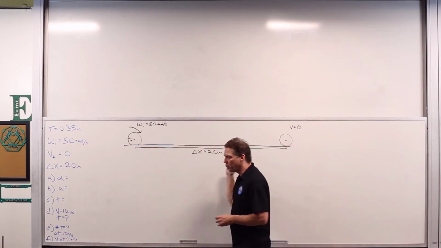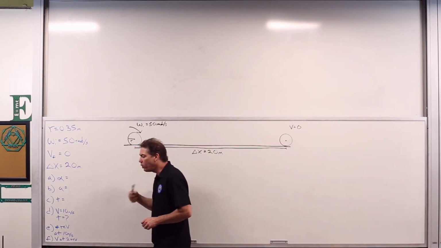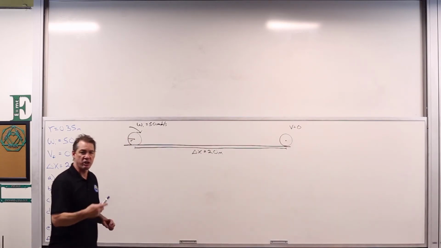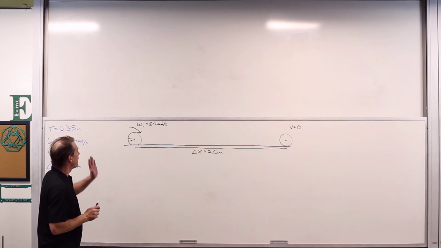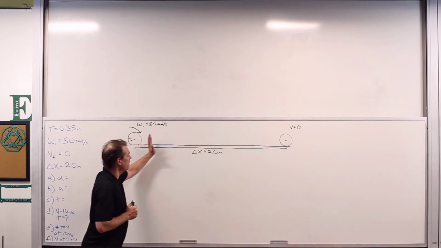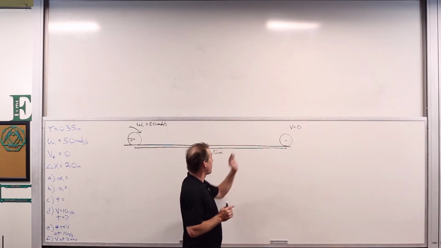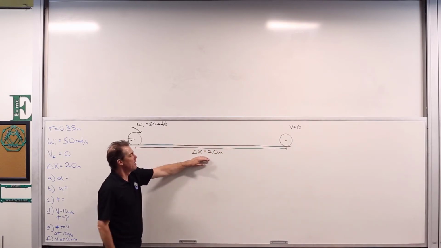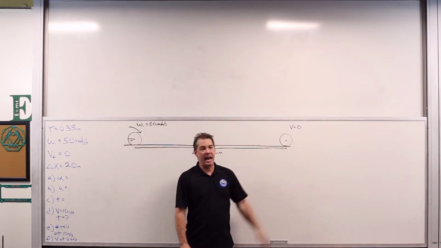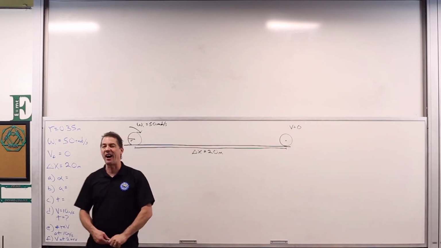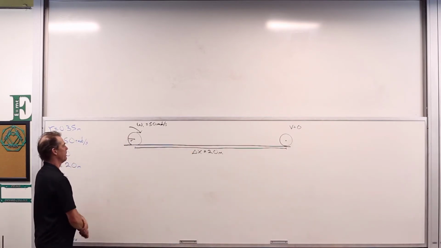It's across the level ground, and it is wholly translating its rotation into linear motion. This wheel is going to be slowing down as time proceeds, and over a distance of 20 meters, it's going to come to a stop. And we are under the pretense here of a constant angular acceleration.